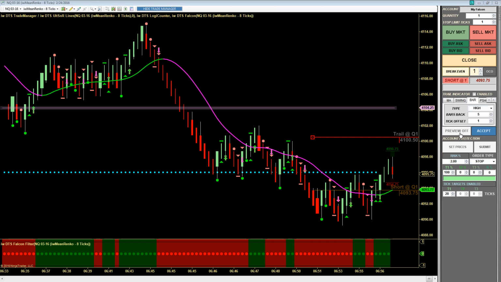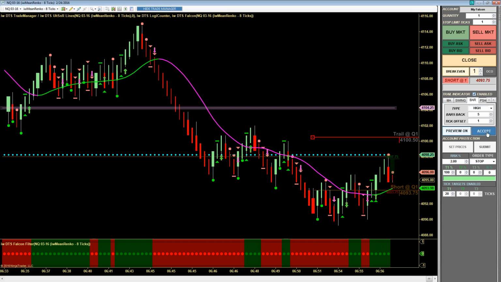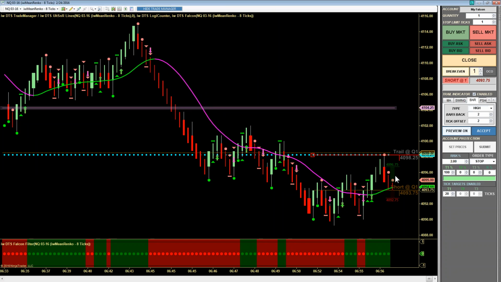So what I'm going to do is I'm going to go with the bar high low strategy. Hopefully this bar is going to finish on the low, and good. I'm going to accept the strategy. And now what I'm going to do is I'm just going to trail tick. I'm going to leave it 2 bars back and essentially follow the market down tick for tick.